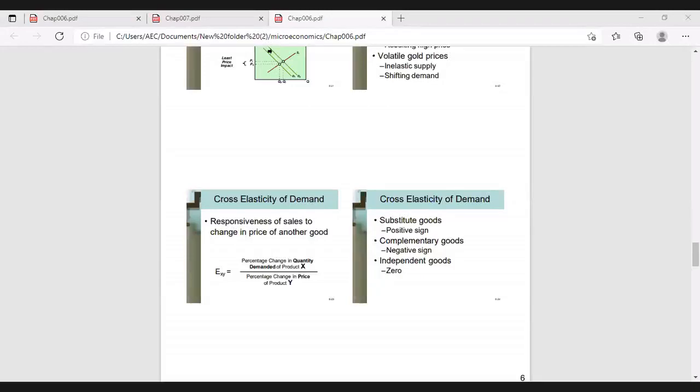Governments also apply this cross price elasticity concept. Not so much in our country, but in developed countries, yes, and in some cases in our country also.